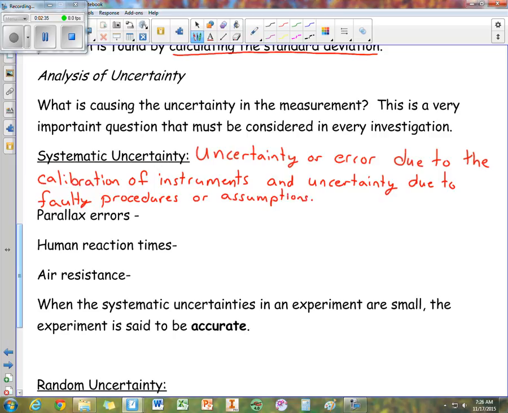So these are uncertainties or error due to the calibration of an instrument.